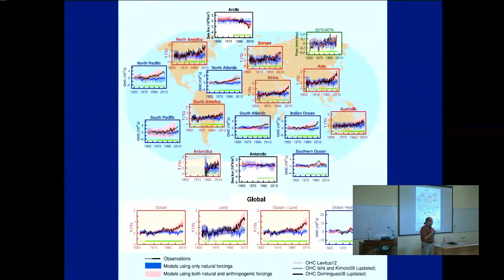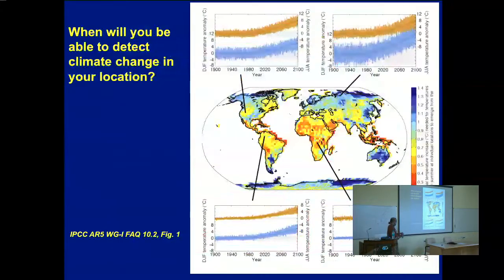How much should global average temperature rise before me, living in Delhi, or you, living somewhere else, each of you in a different part of the country, will feel that the climate has actually changed? So here, I'm going to show you a map first.